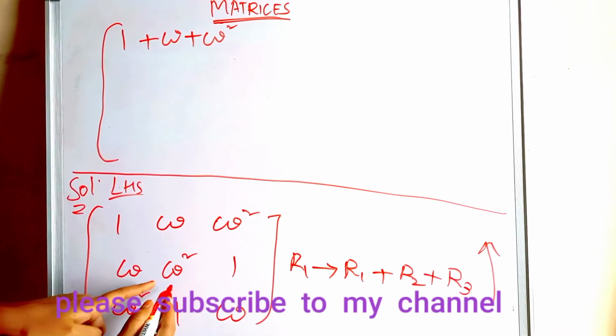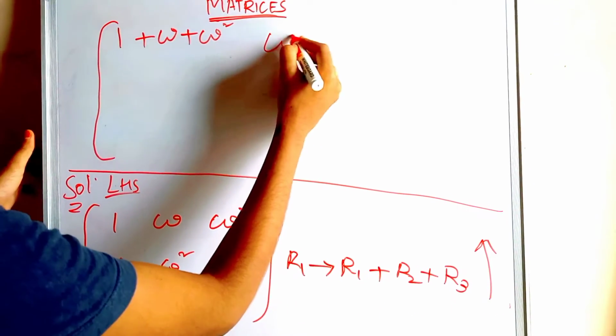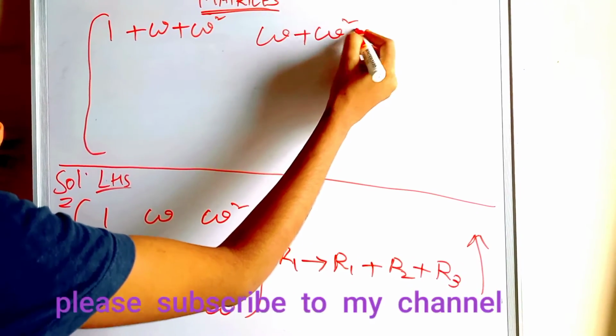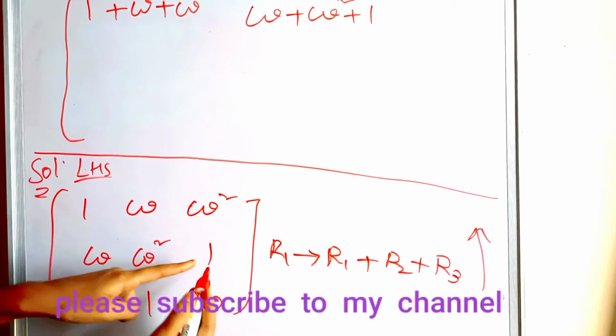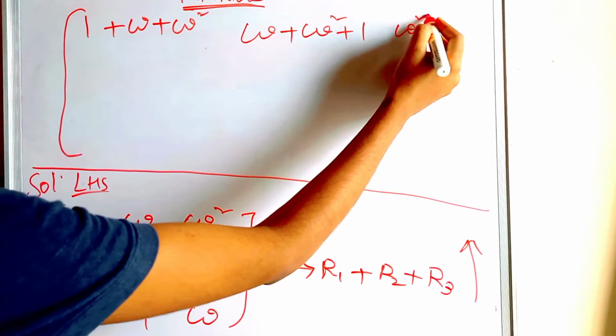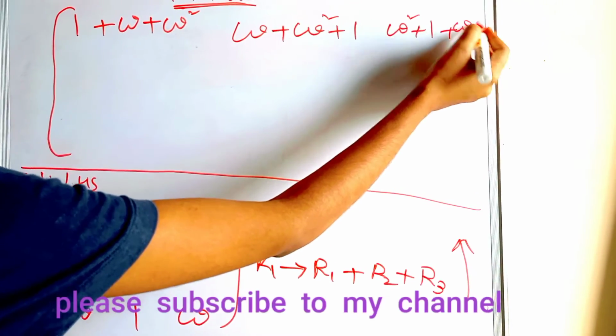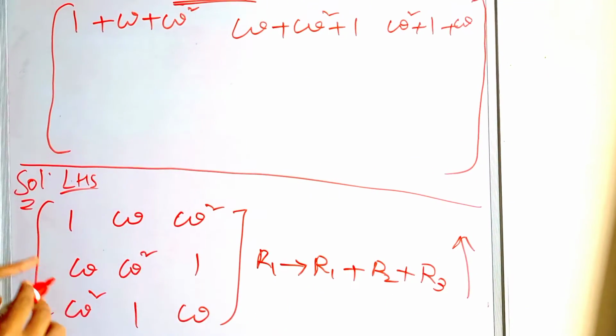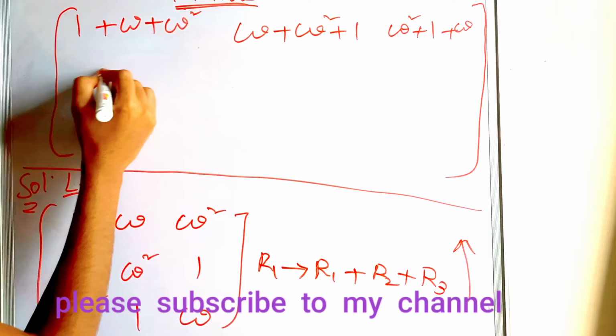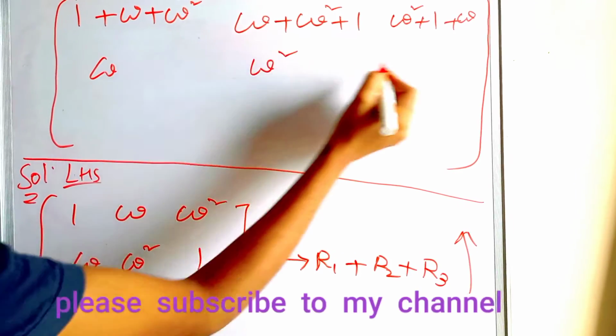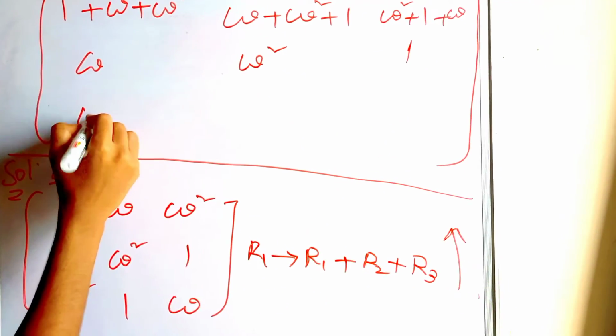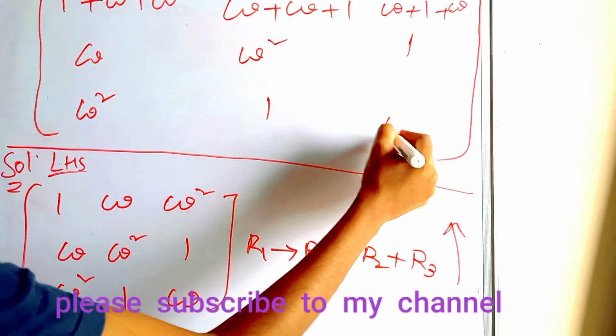Next, omega square, 1. Omega square plus 1 plus omega. These terms are same. Omega square, 1, omega square, 1, omega.